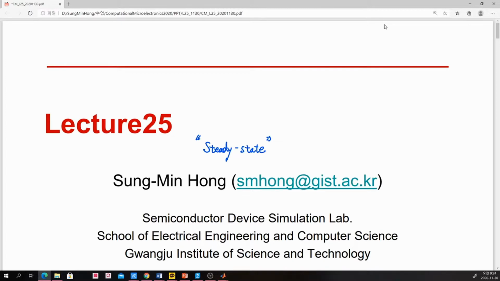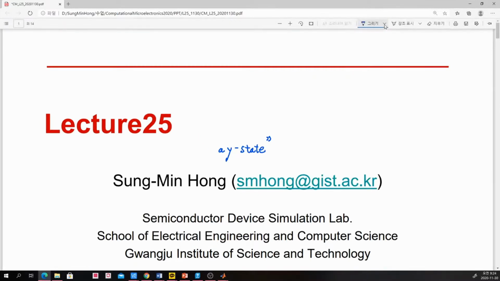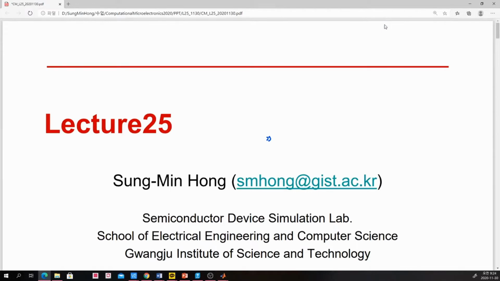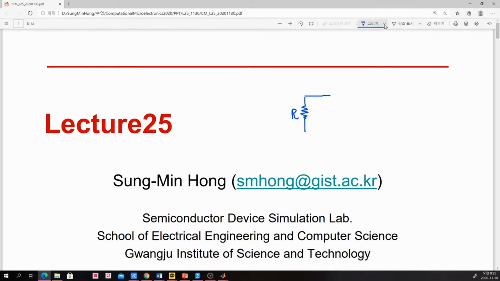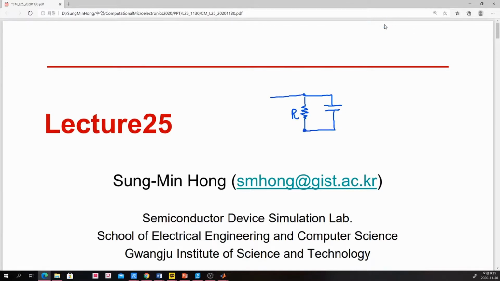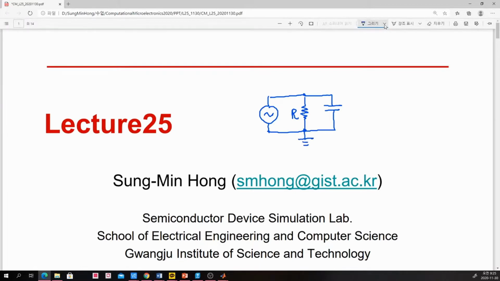However, there are many physical things or simulation jobs which actually require time transient behavior. So today we will talk about the capability to perform time transient simulation. Also, for example, let's say we have a resistor and we have a capacitor. And there we apply a sinusoidal voltage source.